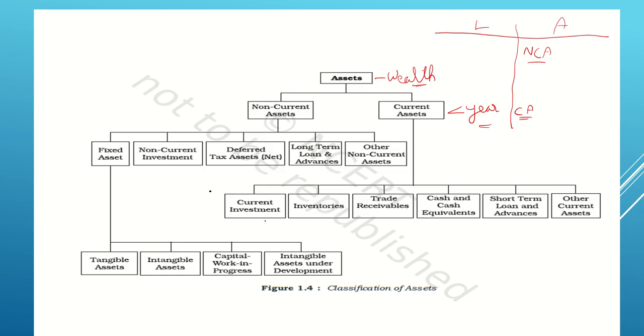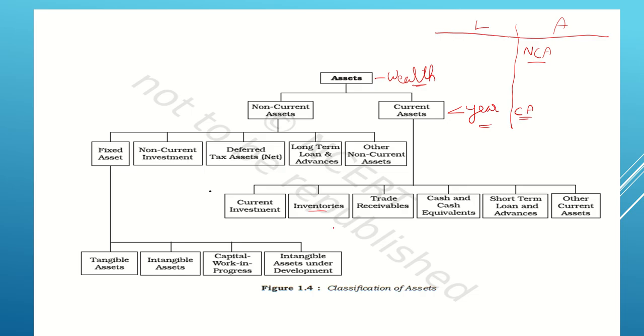Now if you see current investment, supposing the company is investing in other bonds or other companies for a shorter period of time, so that you will be calling it current investment. And then inventories. So what are all the inventories the company holds in order to run its business? Supposing I take Aishwarya Fashions, I'll have all my raw materials which I will exhaust within a year.